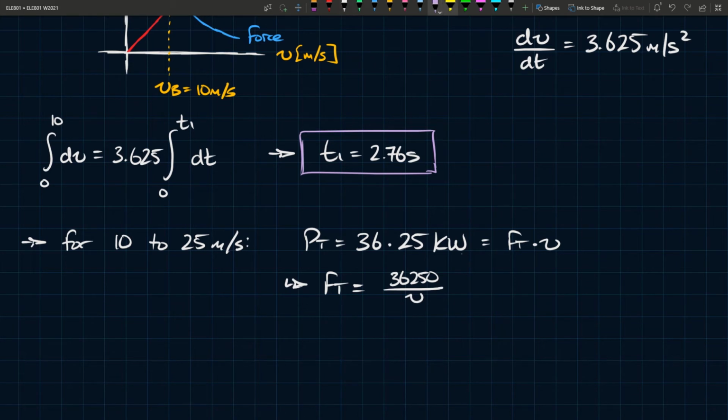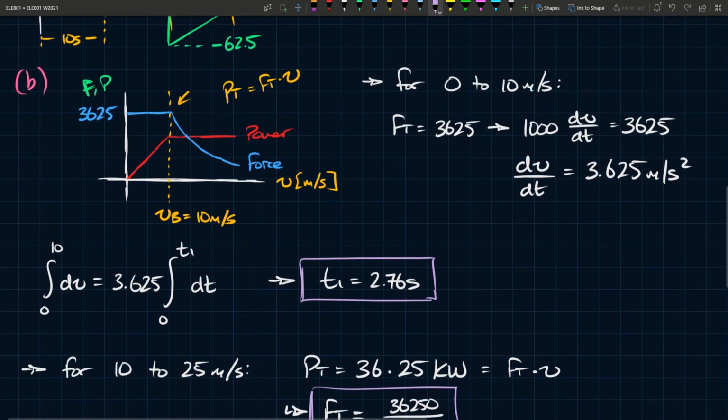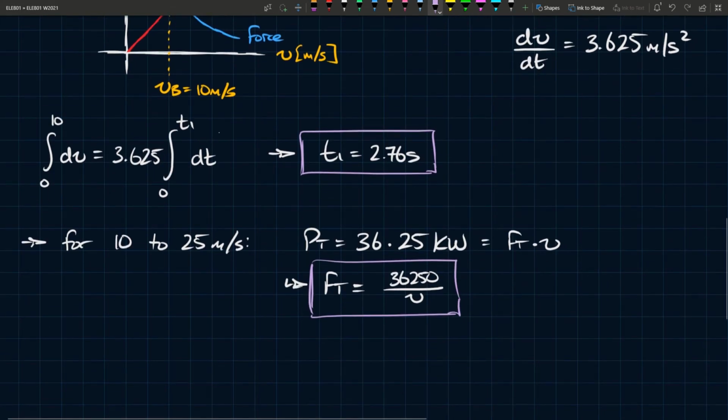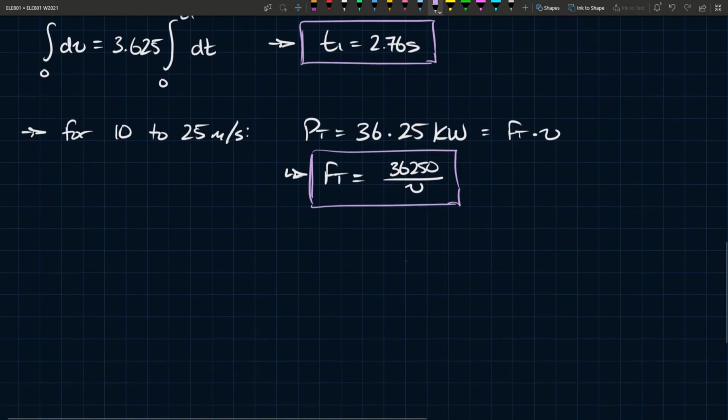So it should decrease as the speed increases. This is our profile, right? We said that this force decreases in proportion as the speed increases. So as this V increases, it should decrease, which is exactly what this expression here shows us.